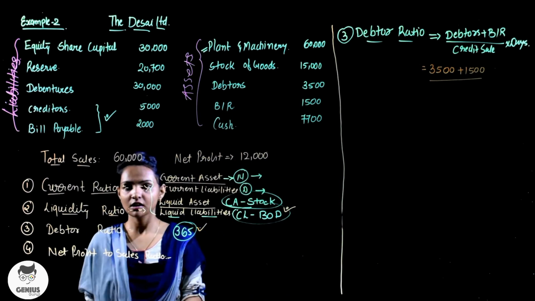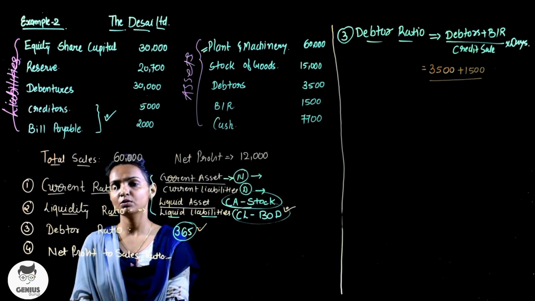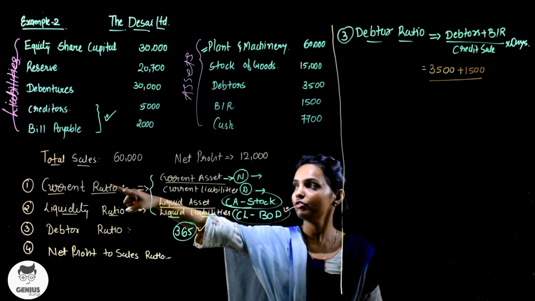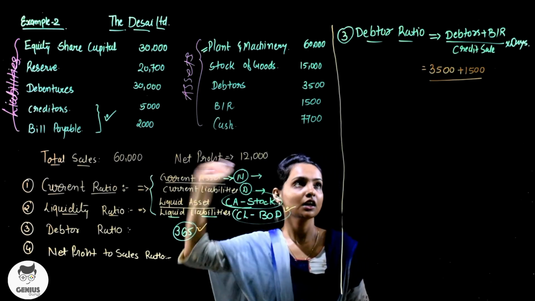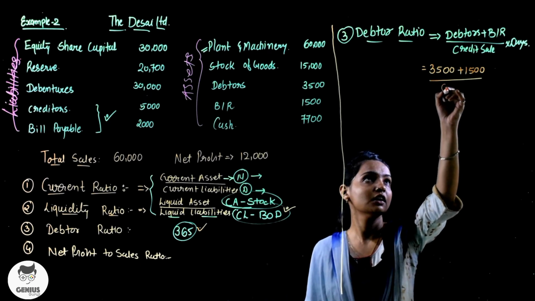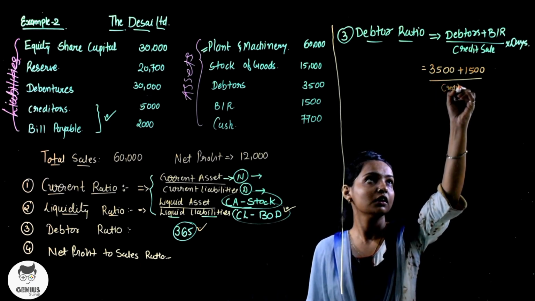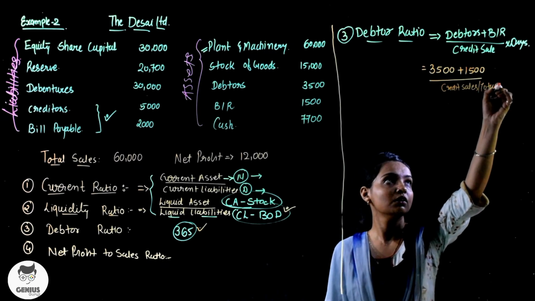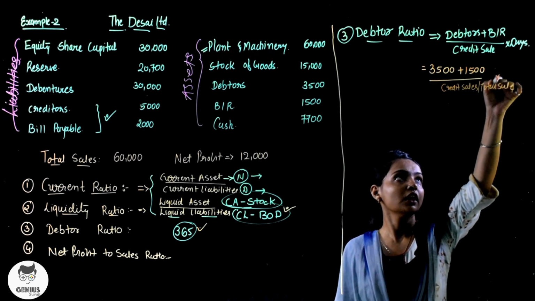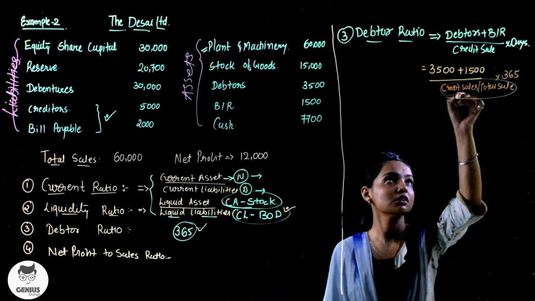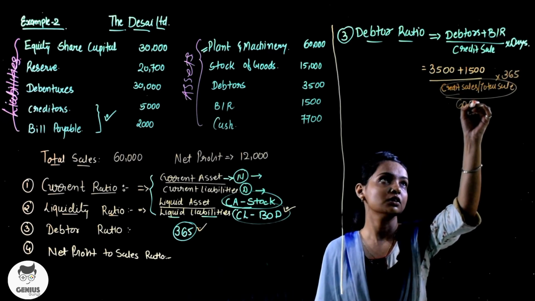In your sum there is no information about credit sale, so the total sale will be treated as credit sale, into 365 days, and this amount is 60,000.